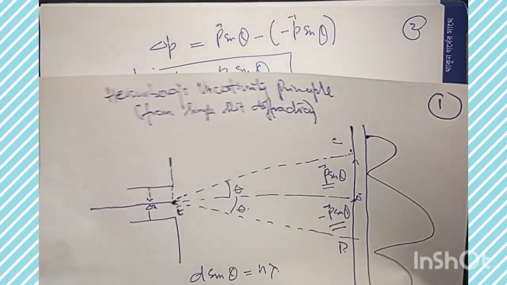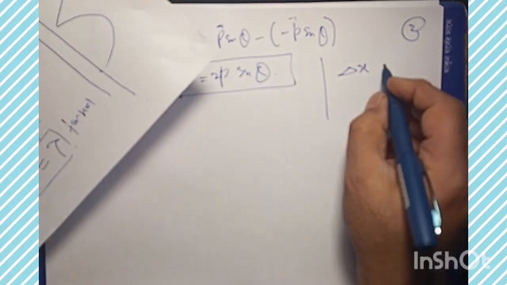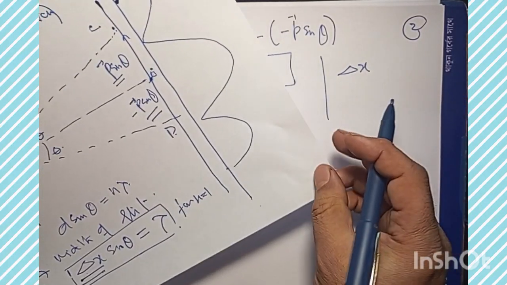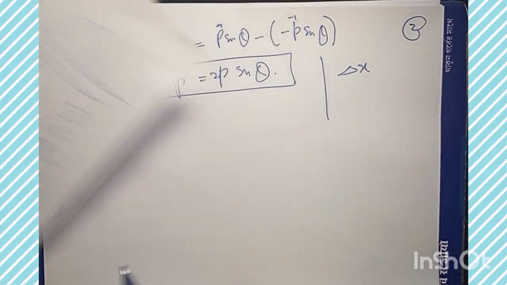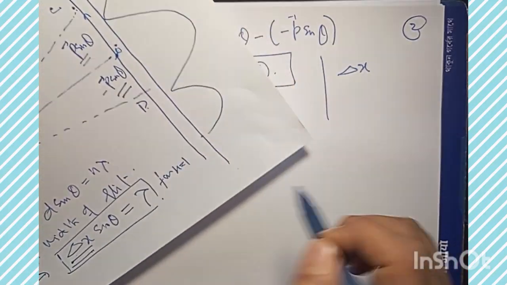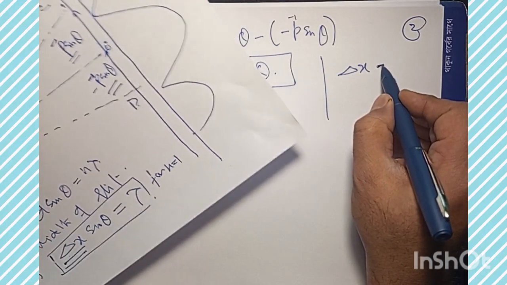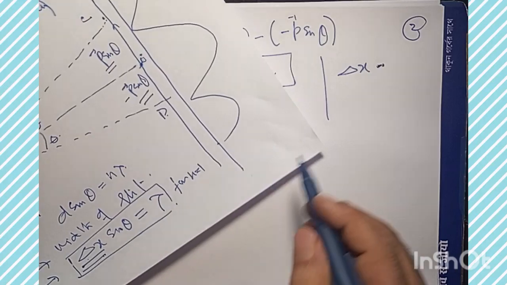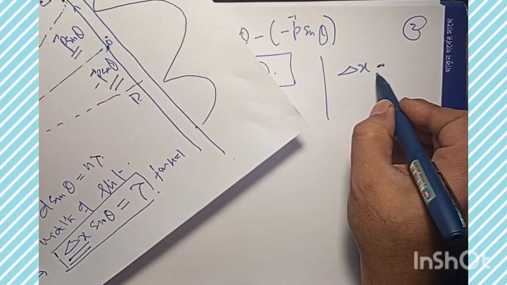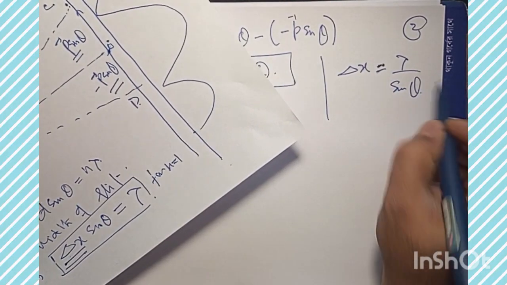From here, delta x is the uncertainty in the position along the perpendicular direction, and delta x sine theta is lambda. So delta x is lambda by sine theta.